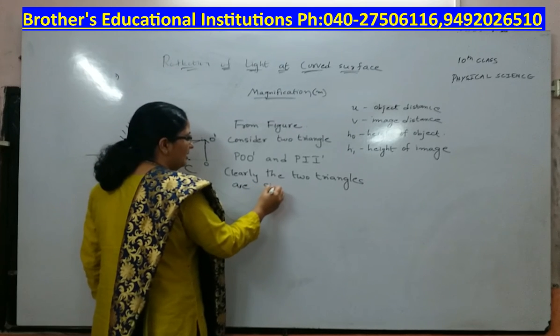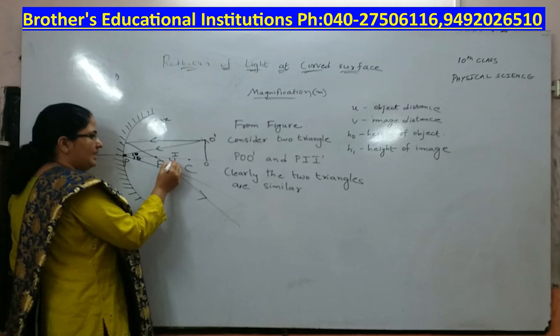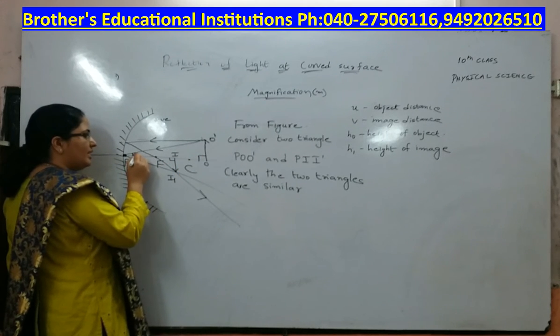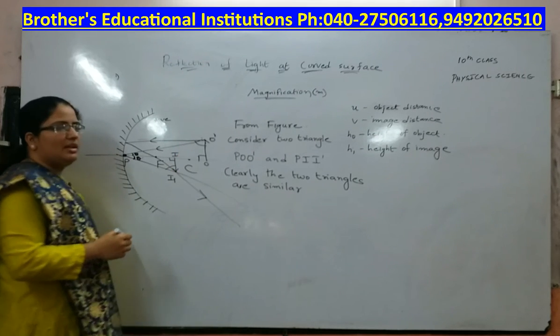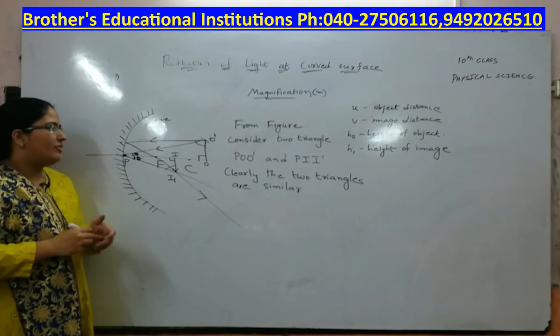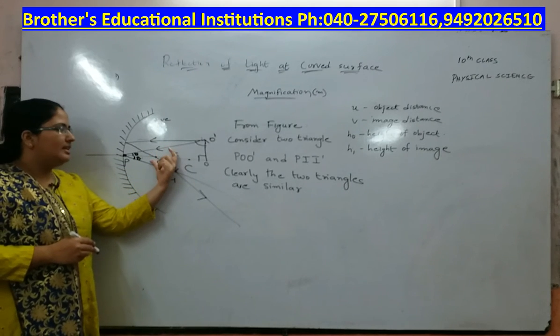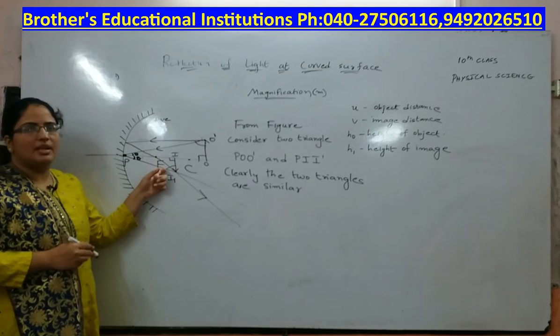How are they similar? This angle is 90 degrees, and this angle is 90 degrees. The second angle is theta and theta, both equal. Automatically the third angle will also be equal. If all the angles of one triangle are equal to the corresponding angles of another triangle, then the two triangles are similar. Now these two triangles are similar.